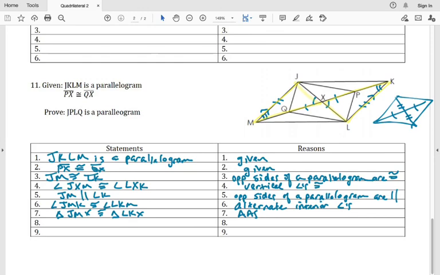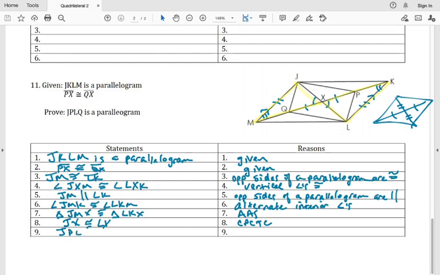So I can say that JX is congruent to LX. Sorry, why did I write that? JX is congruent to LX, and that's because of CPCTC. And now you can say that that quadrilateral is a parallelogram.